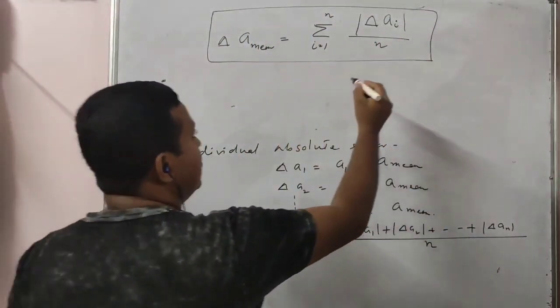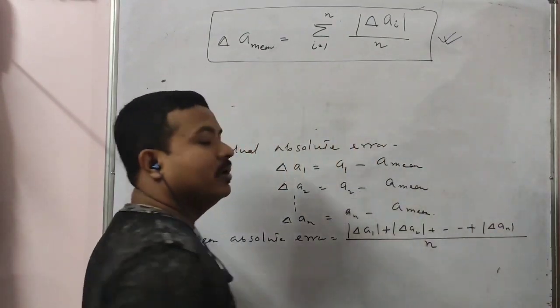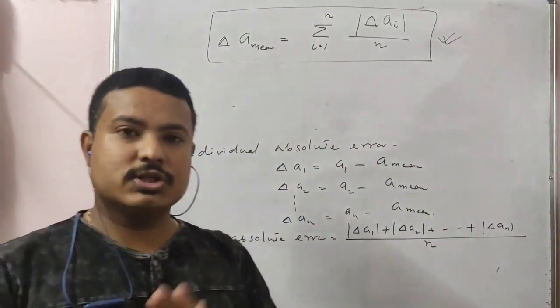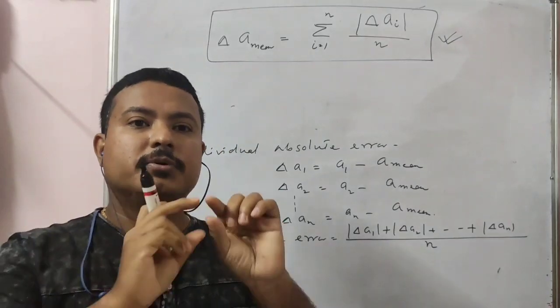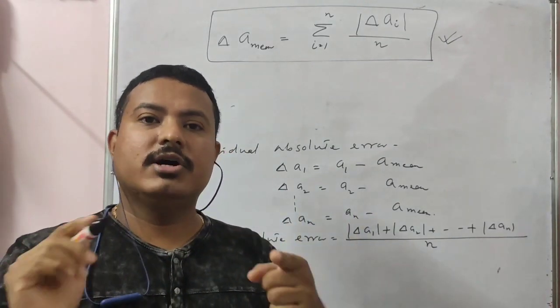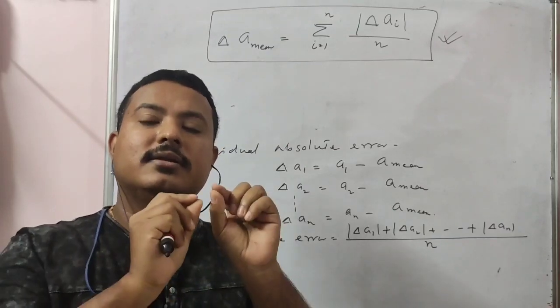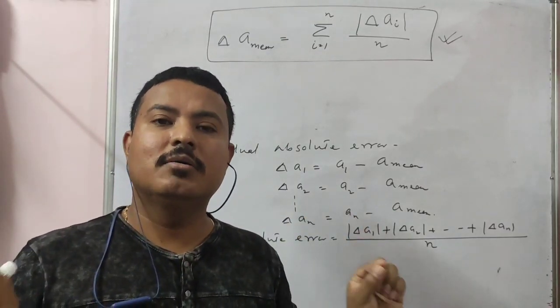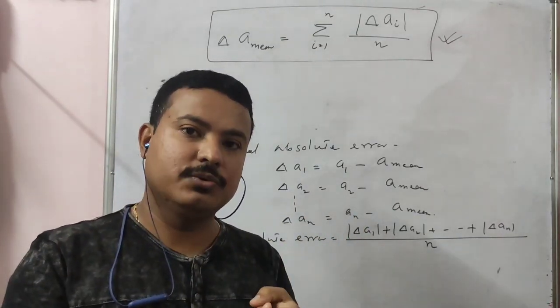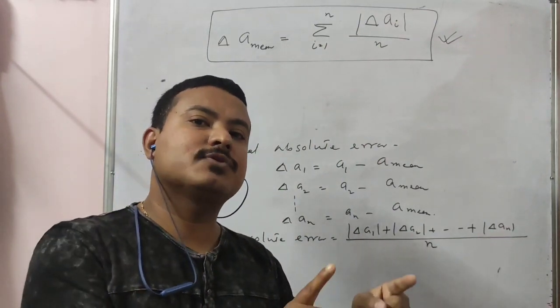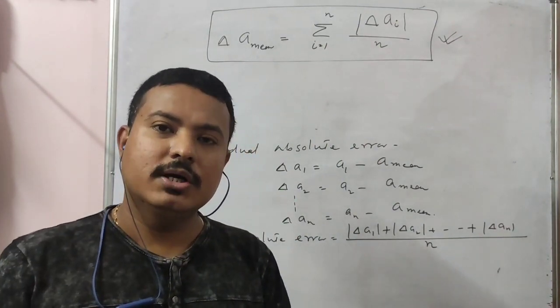Okay, so this way we can calculate mean absolute error. So first of all, what are the steps? Suppose some measured values are given. First you have to find out the true value. So what do you do? You take the average of all the measured values, that gives the true value. Then you find the individual absolute errors. So what do you do?